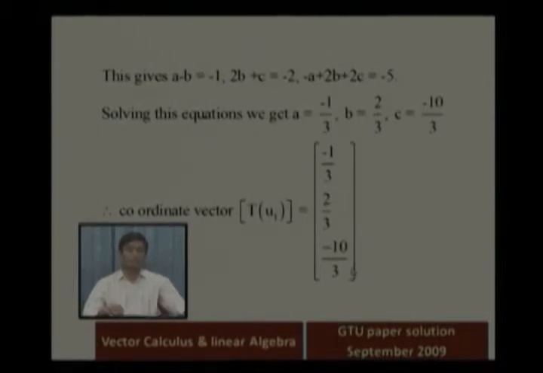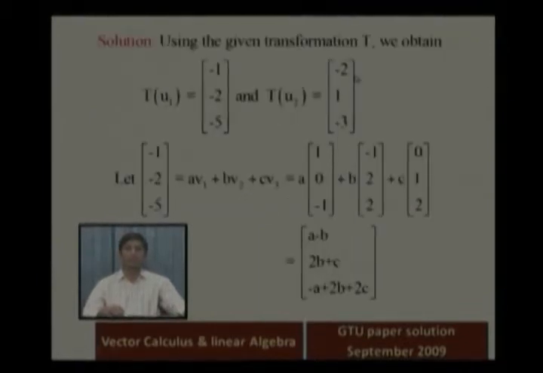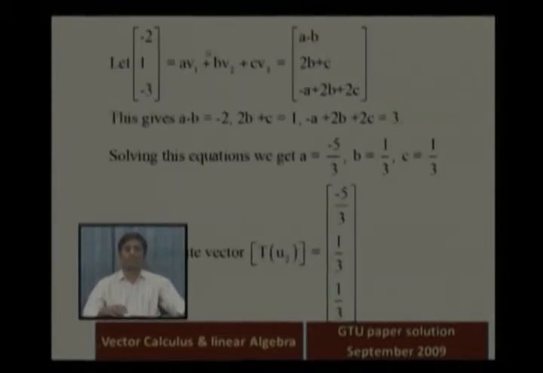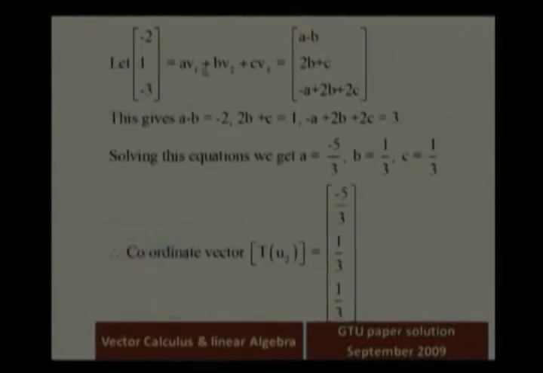Let's try to find T of u2. T of u2 is (-2, 1, -3), right? That can also be expressed as a linear combination of v1, v2, v3.